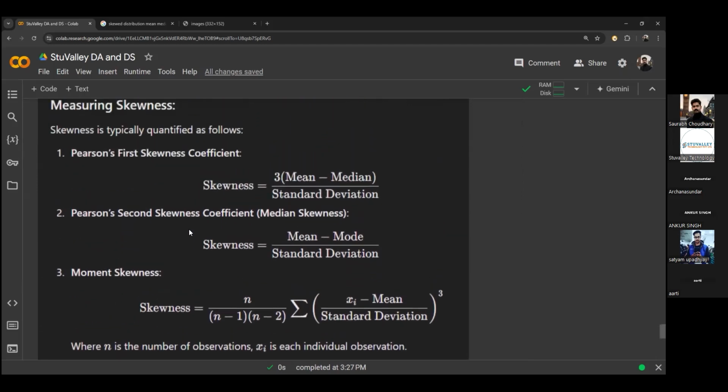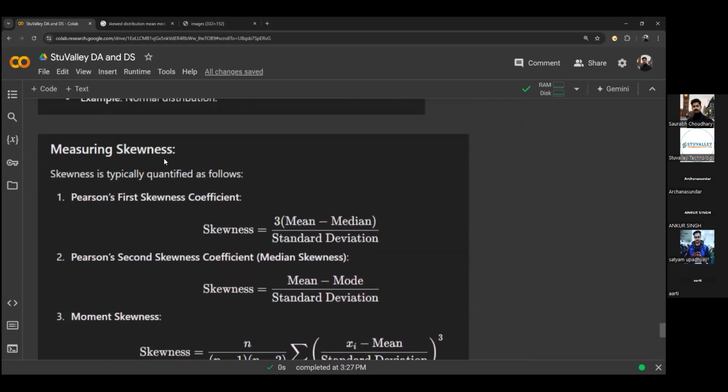ठीक है, we have some formula also here for measuring this skewness. So skewness is typically quantified as follows. Pearson's first skewness coefficient: 3 times (mean minus median) upon standard deviation.